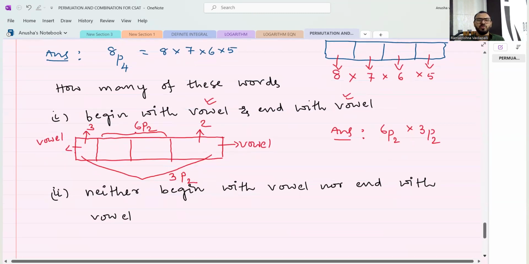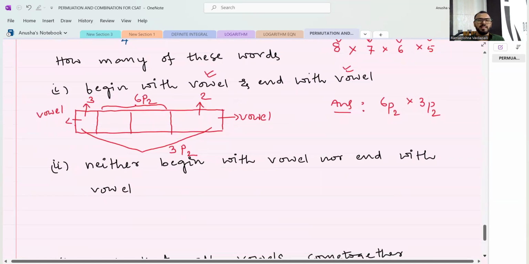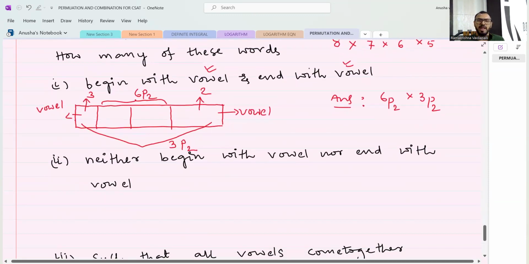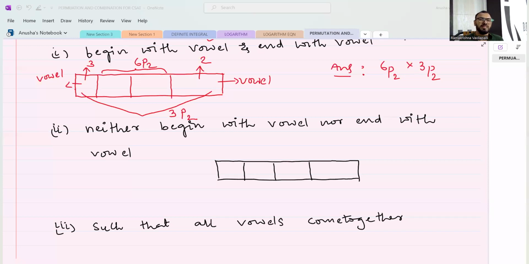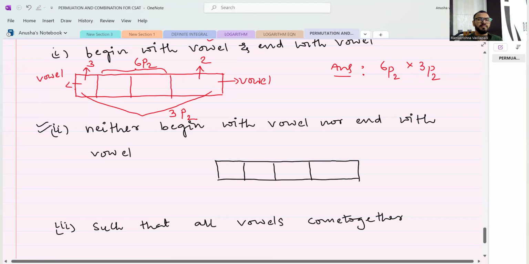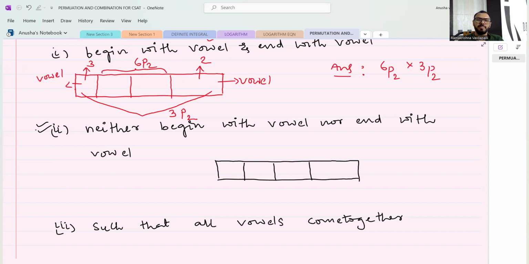How many of these 4-letter words neither begin with a vowel nor end with a vowel? The first question is begin with a vowel and end with a vowel, whereas the second question is neither begin with a vowel nor end with a vowel. So we want the number of 4-letter words from the letters of the word UPSC exam which neither begin with a vowel nor end with a vowel.